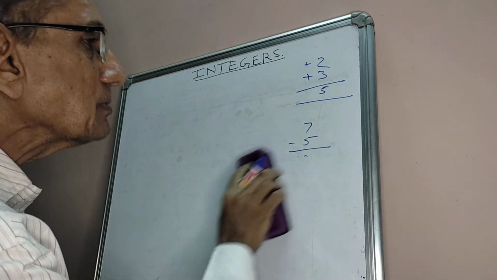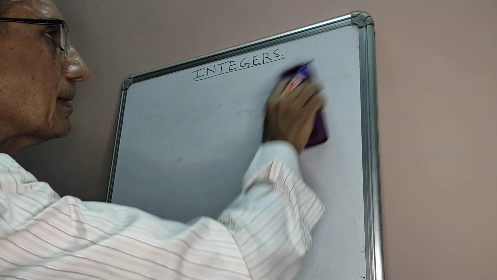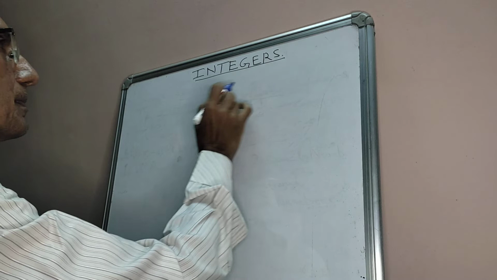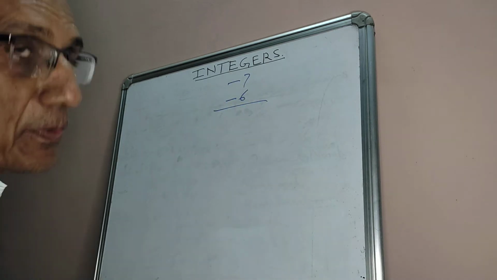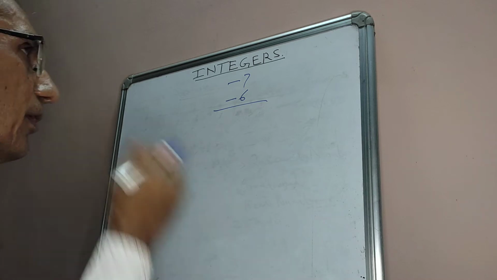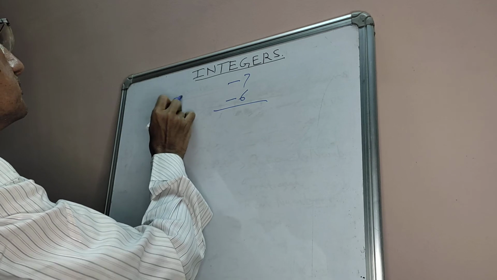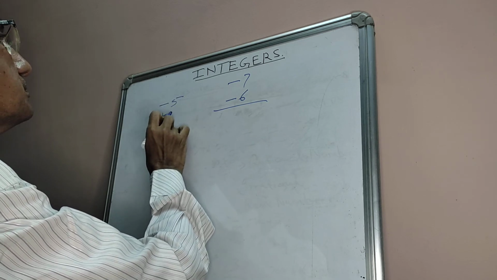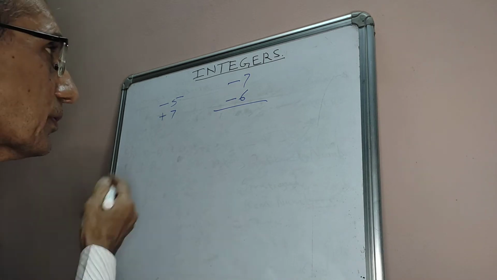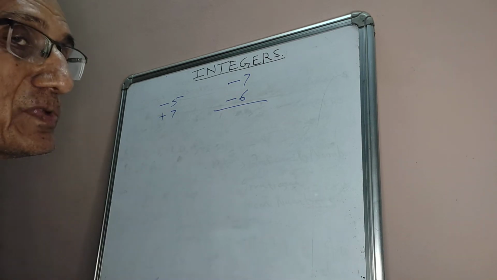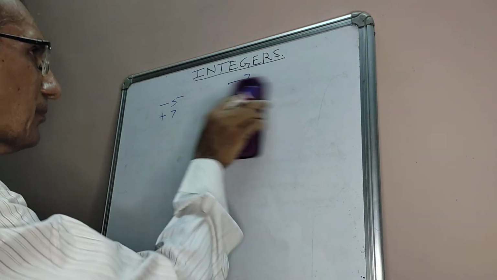But apart from this, suppose you get numbers like -7 and -6. What do you do? Or you get numbers like -5 plus 7. Then what do you do? So there are 2 rules which I am going to give you. Follow those 2 rules and you will be able to solve problems like these.